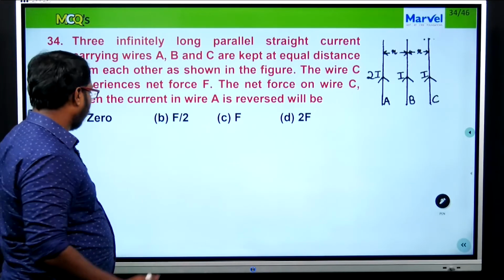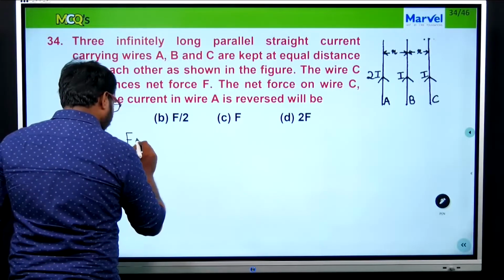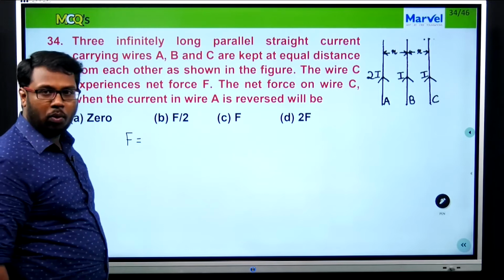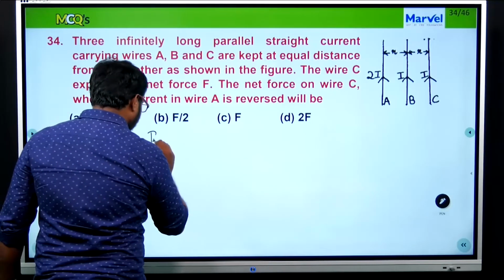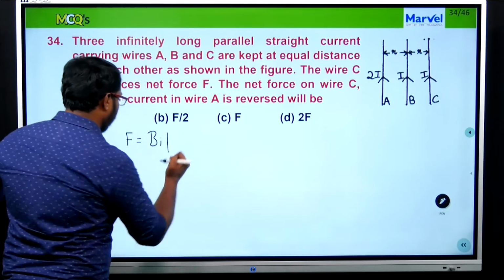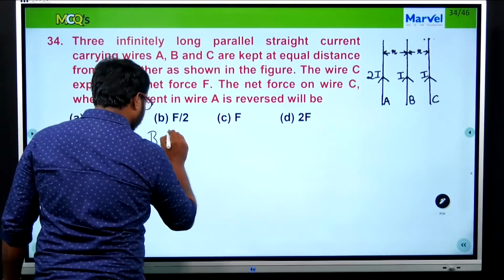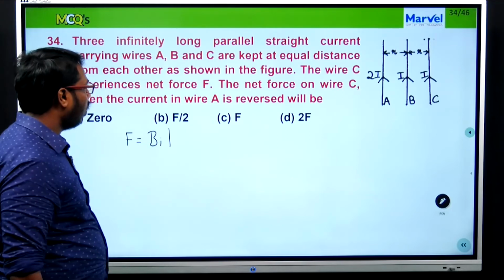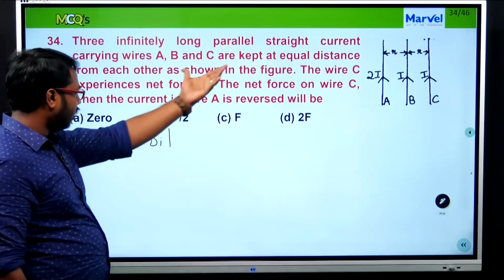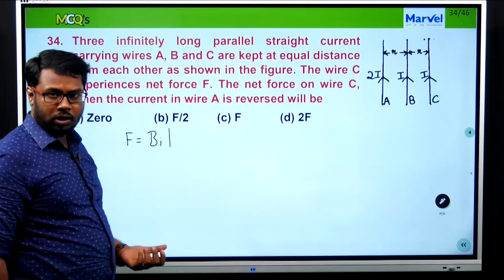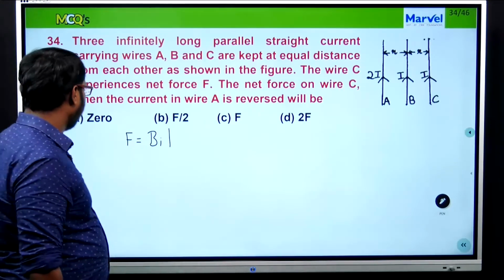Now first, the force experienced by a current carrying wire placed in a magnetic field is given as B into I into L. With this, first I will write the net force on C and then I will slowly reduce them.